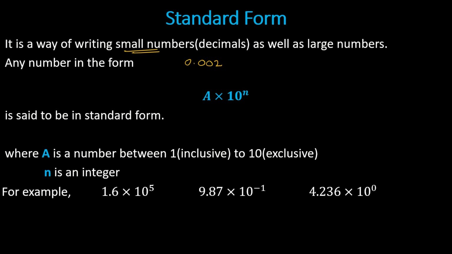Meaning it is a small number. Or sometimes we deal with large numbers, for example 2000, 20,000, 200,000, 2 million, and so on. These are very large numbers.